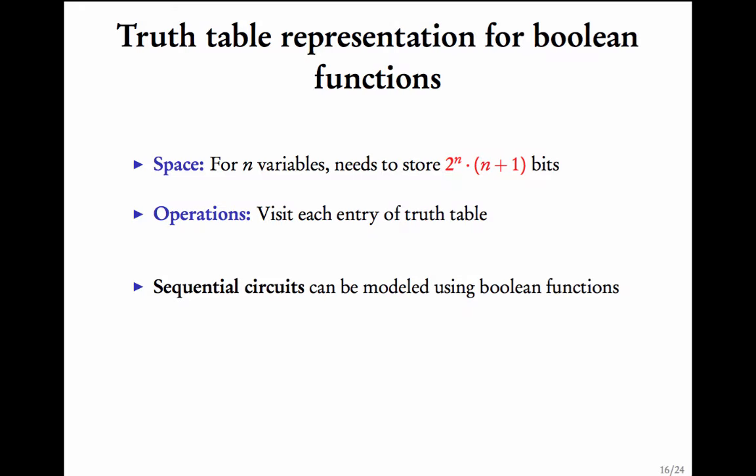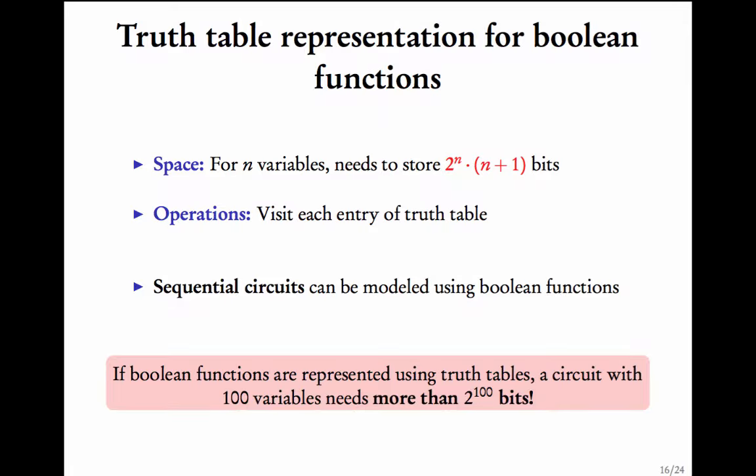Note that sequential circuits can be modeled using Boolean functions. Sequential circuits are gates with possible feedback and they can be modeled using Boolean functions. And a circuit with 100 variables will need more than 2 power 100 bits.